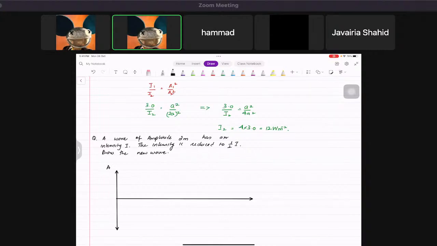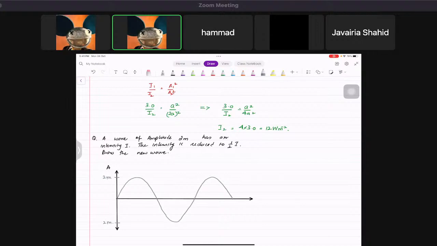So they've shown you a wave like that, and that's 2 meters, and that's 2 meters, right? Now you want to draw this. First of all, we do have the amplitude A1, but we do not have the amplitude A2 of the new one.